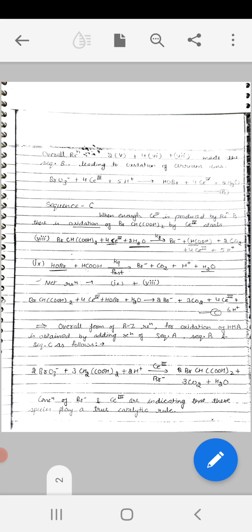The concentrations of bromide and cerium 3 indicate that these species play a true catalytic role.